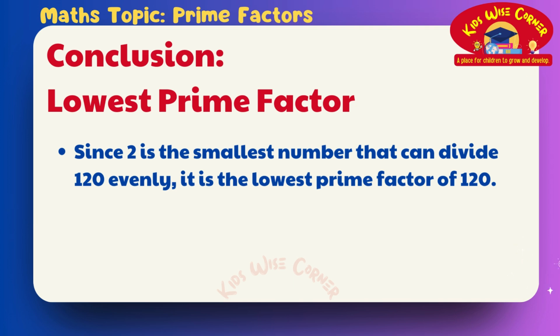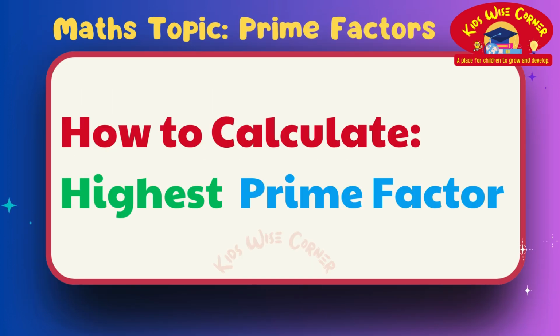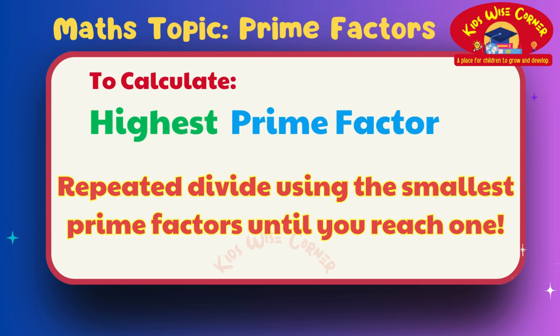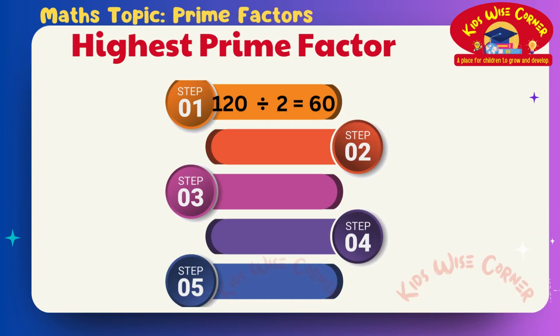Now that we have calculated the lowest prime factor, how do we calculate the highest prime factor? To find the highest prime factor, we repeatedly divide the number by the smallest prime factors until we reach 1. Let's find the highest prime factor of 120. Divide 120 by 2, you get 60.